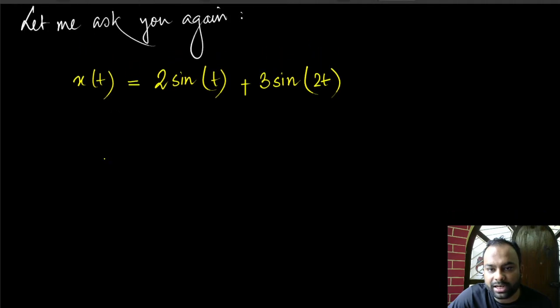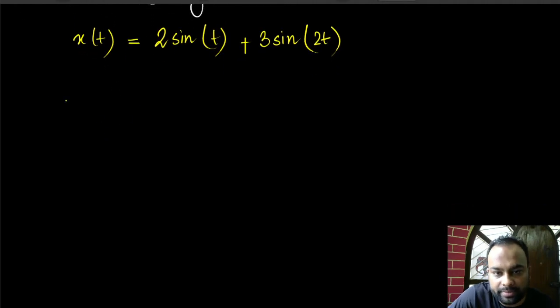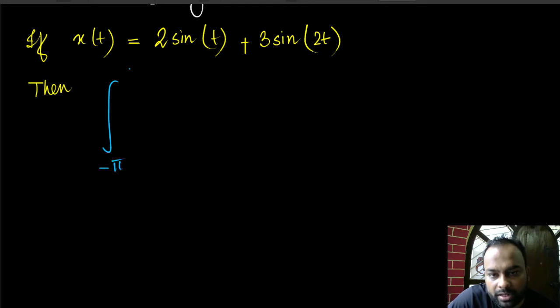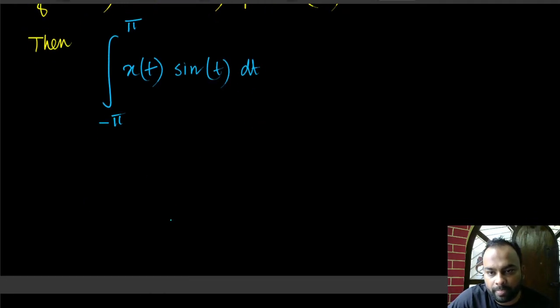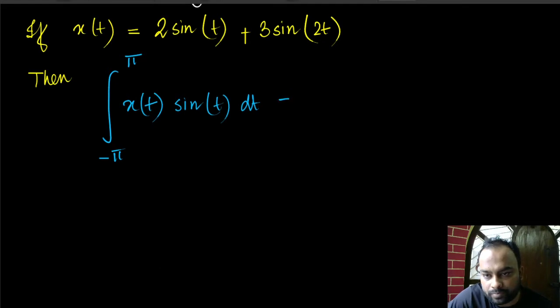So if I have a signal like this, then what is the expected result of this integration, minus pi to pi x(t) sine t dt? What is the result of this? What is the expected result of this? And what is the expected result of this?